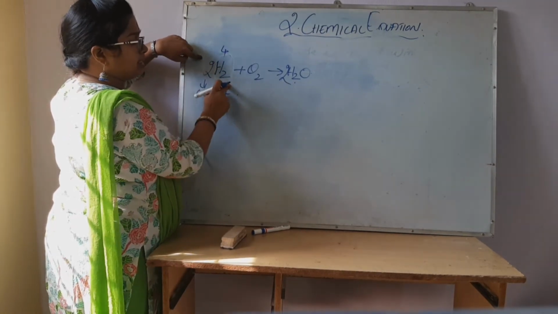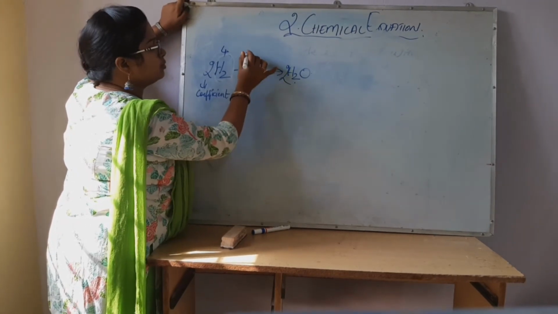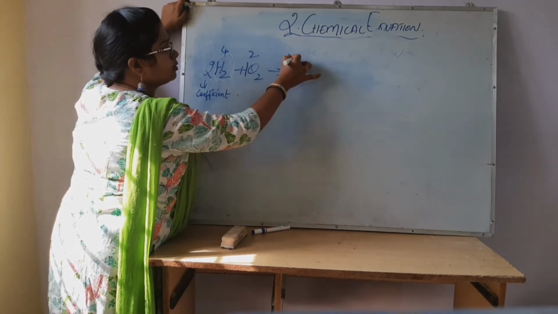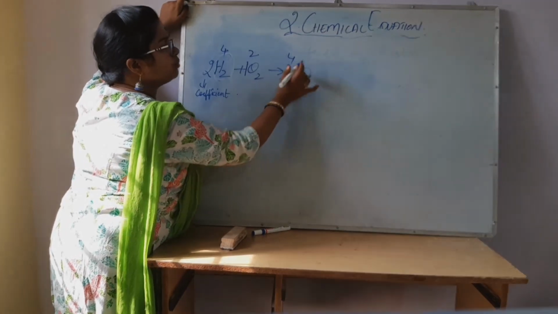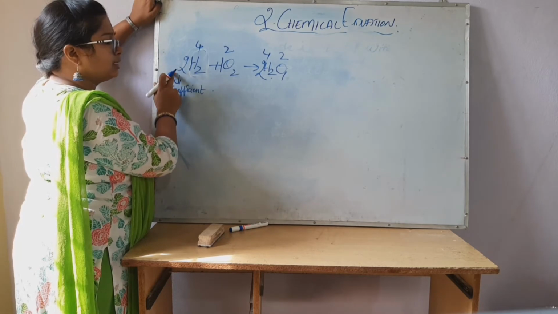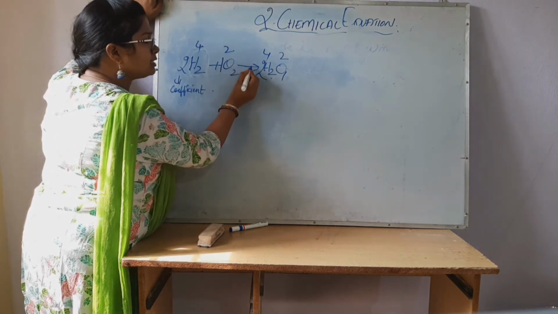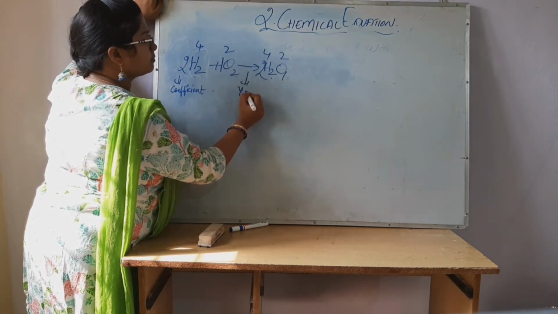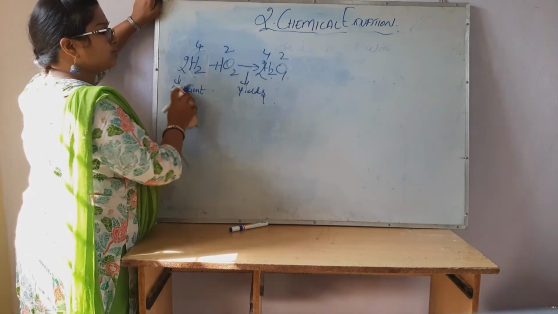You need to multiply with the subscript. Here nothing is there for the coefficient, it means it is 1. 1 into 2, 2. Here 2 into 2, 4 hydrogens. 2 into 1, nothing is there, 1, so 2 into 1, 2 oxygens. These are called coefficients, these are subscripts. And this arrow mark is called yields.